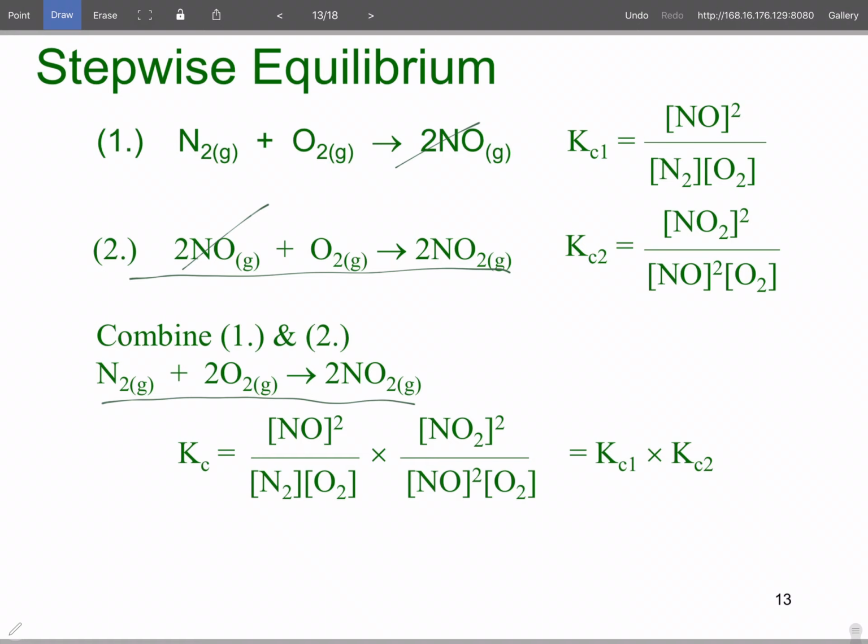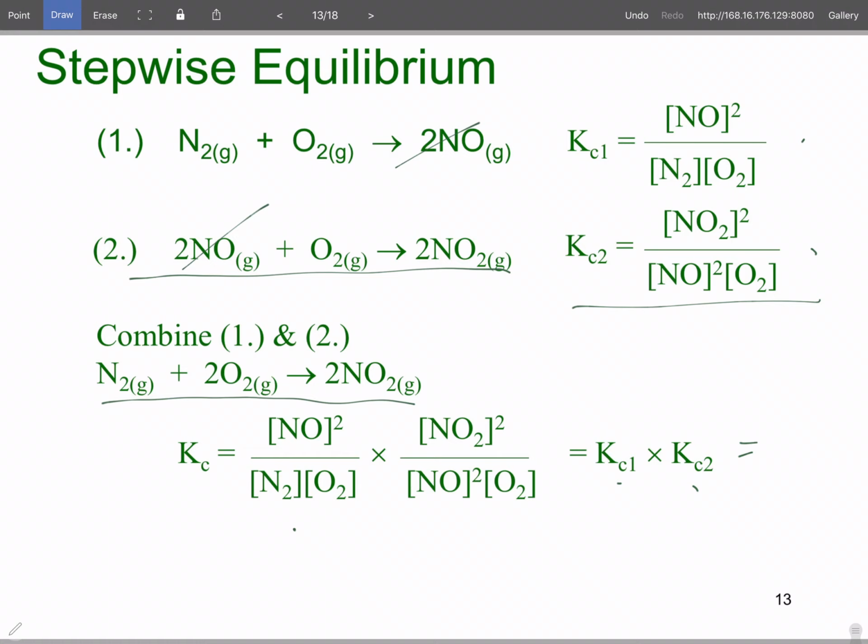So if we know the K's here, the question is, do we know the K's here? All right. So if we added the equations together, we're going to multiply the K's. If we have the value for Kc1 and the value for Kc2, we can determine the value for Kc for the new equation by multiplying them together.